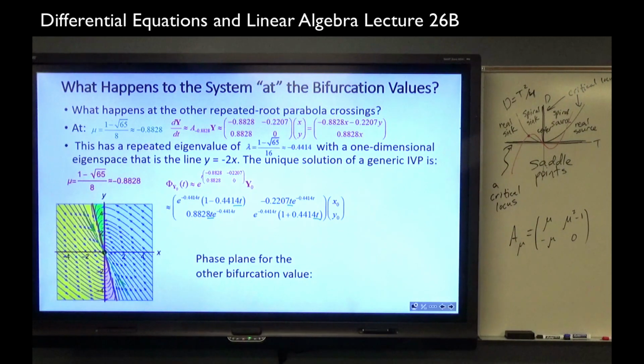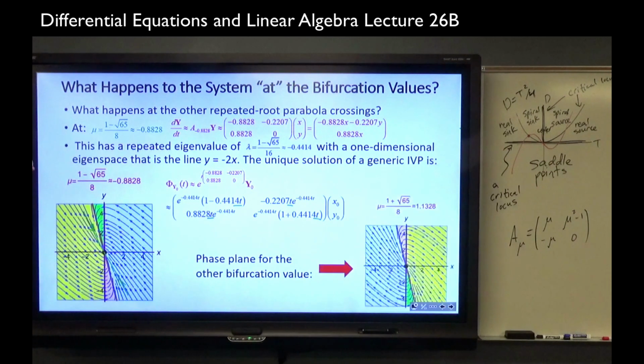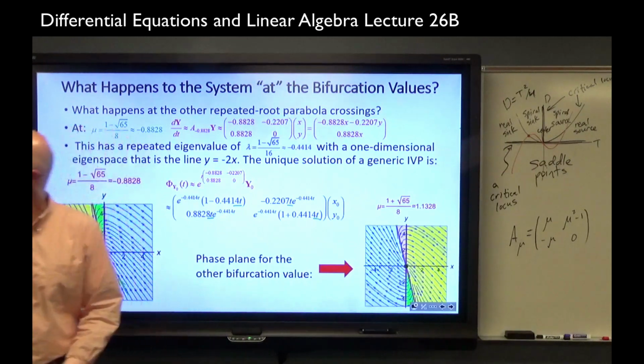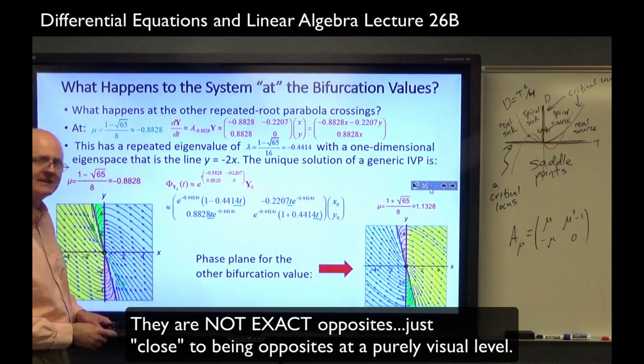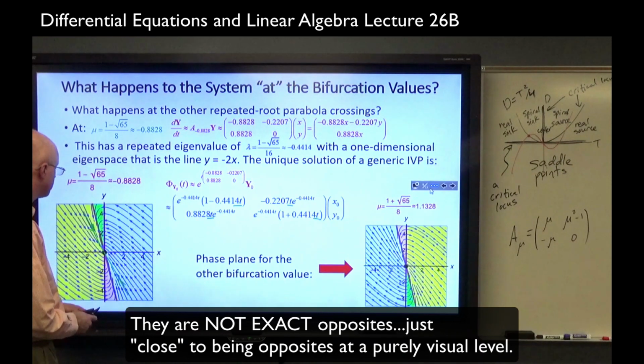For the other bifurcation value, mu is 1 plus square root of 65 over 8, which is about 1.13, I think. I didn't bother finding the formula, but here's the phase plane. Interesting that these phase planes are kind of like opposites of each other. I didn't double check to see if they really are. The vector fields look like they might be complete opposites of each other.